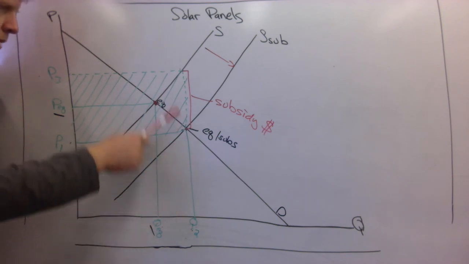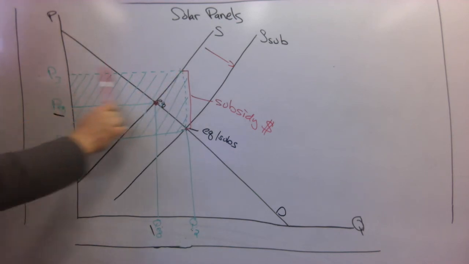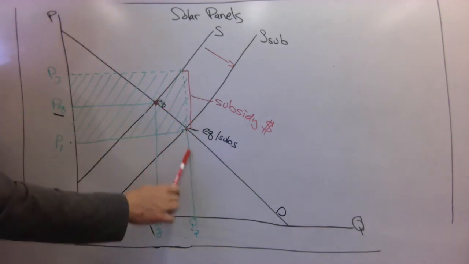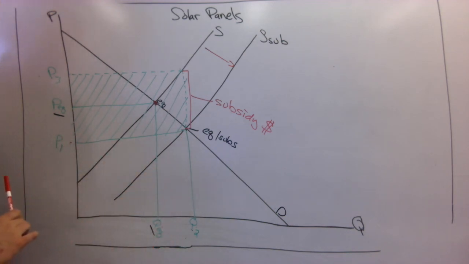The producer benefits. The producer's revenue is huge now. All this revenue comes from the consumers when they pay for it, plus the government subsidy. Producers make out really well. Consumers make out well because now they can buy more at lower prices.